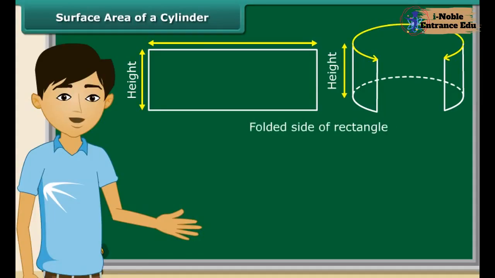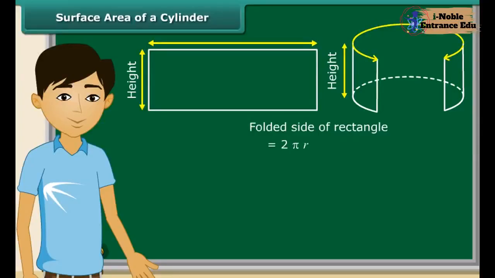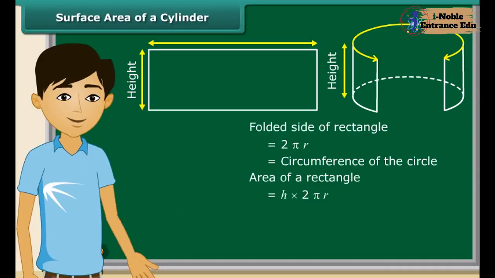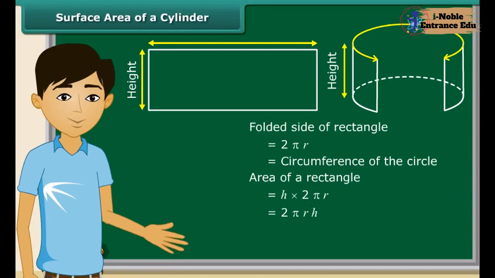Thus, the folded side of the rectangle must be equal to 2 into pi into r, which is the circumference of the circle. To get the area of the rectangle, multiply h by 2 into pi into r, and that is equal to 2 into pi into r into h.